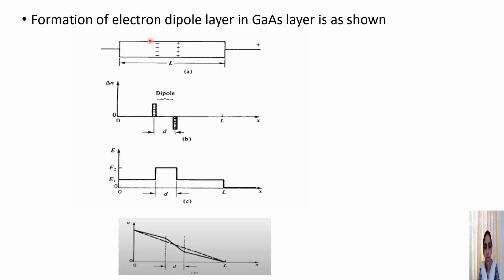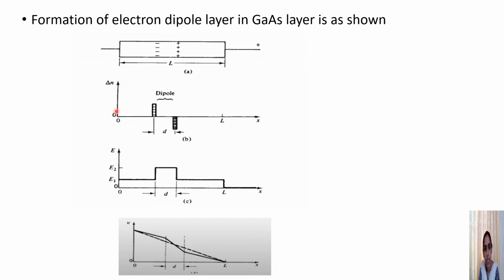So we are considering here the formation of an electron dipole layer in gallium arsenide, an excess of electron region and a low electron region, which we consider as a dipole in the active layer of the Gunn device. When we consider the profile, this is the profile for the electron density with respect to the distance of the total specimen.